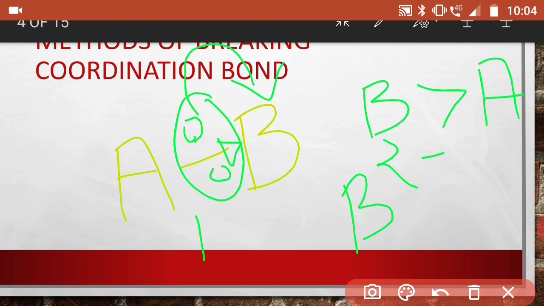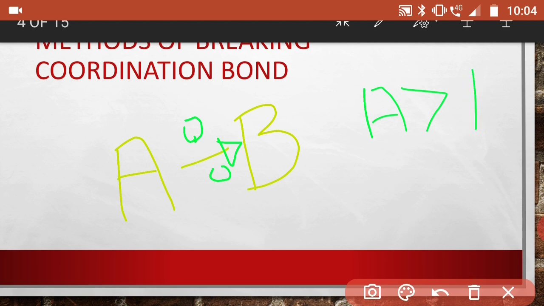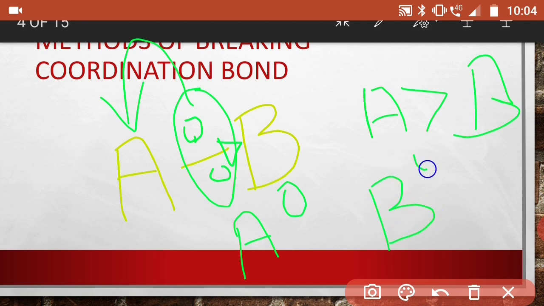Now let us assume the opposite case, that here A is more electronegative than B. If A is more electronegative than B, then what will happen? These electron pairs will shift towards A, and A will become A0. A has no charge and B also has no charge. Why?